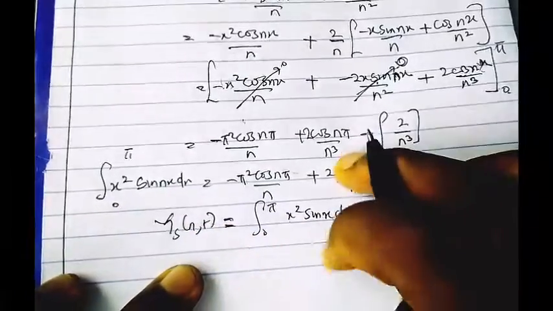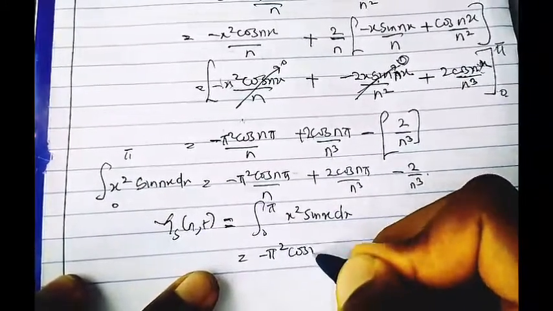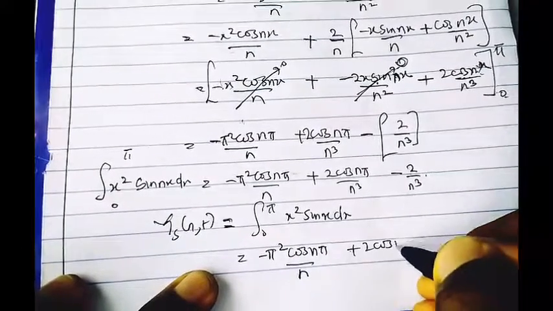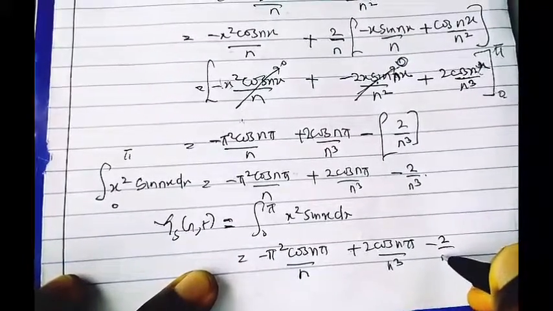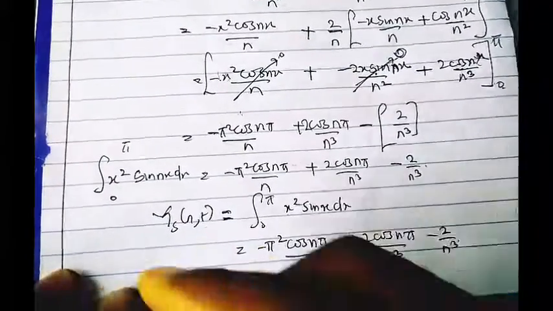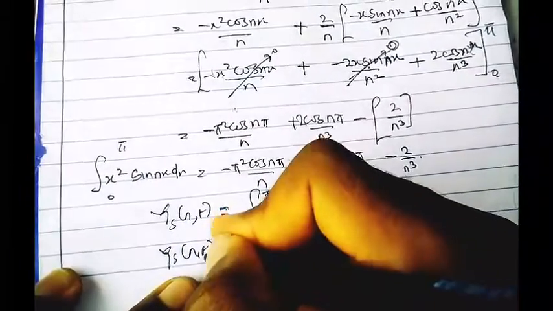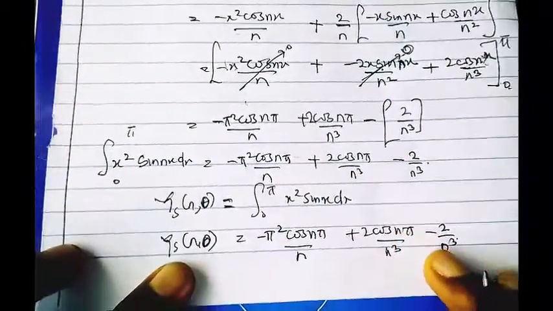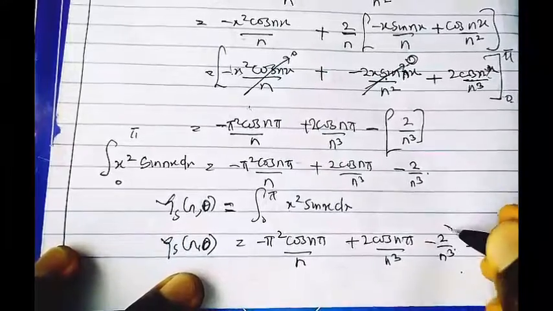So we can say this is equal to minus pi squared cos n pi over n plus 2 cos n pi over n raised to power 3 minus 2 over n raised to power 3. So this was when t is equal to 0 that we had this, right? We integrated this and we had this. So let's call this equation 2.